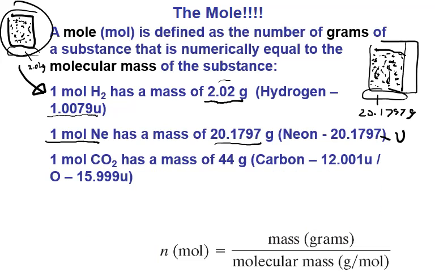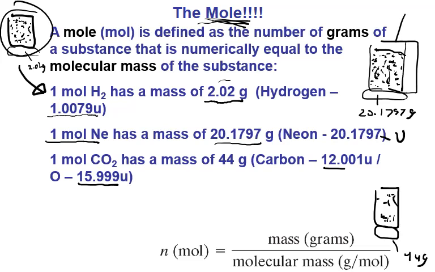If we have CO2, it's 1 carbon, 2 oxygen atoms, right? So we add those up in U, and that container would have, we measured it, 44 grams of mass. And that should make sense because every mole has the same number of molecules, the same number of dots. There's the same number of dots in here, same number of dots in here.